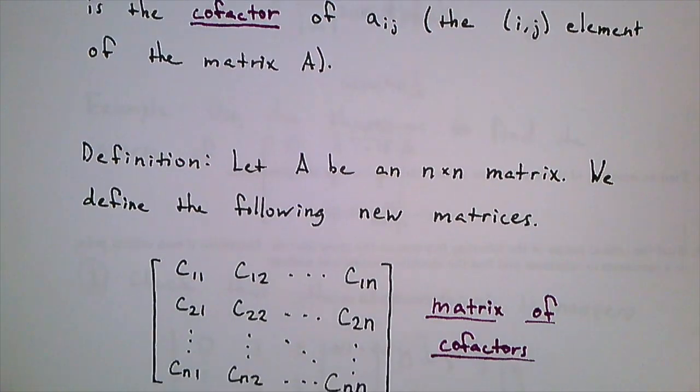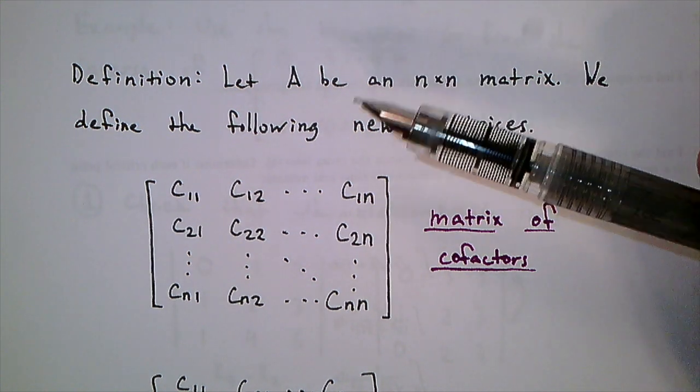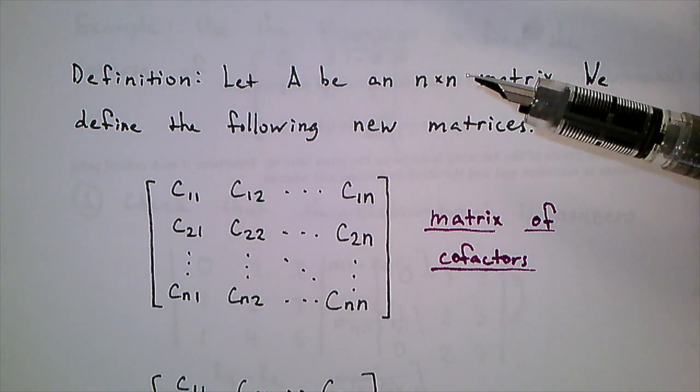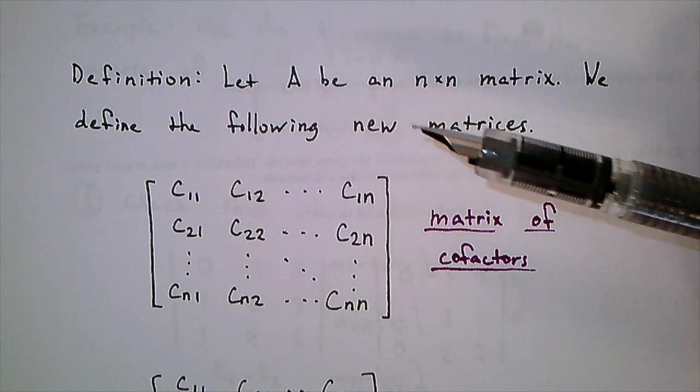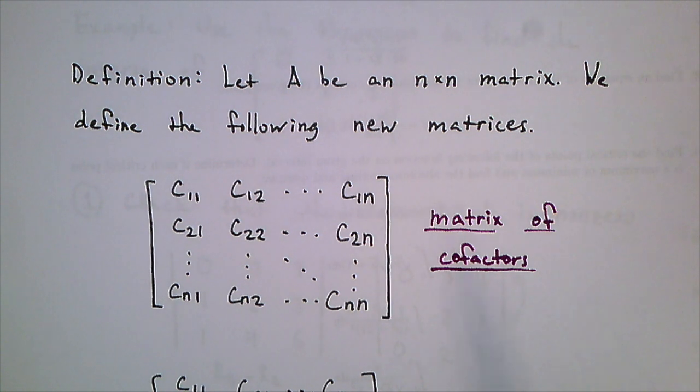Now let's look at a new definition. Let A be some square matrix, in this case n by n, and we're going to define the following two new matrices. Here's the first one. This is known as the matrix of cofactors.